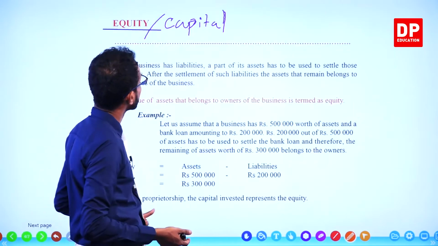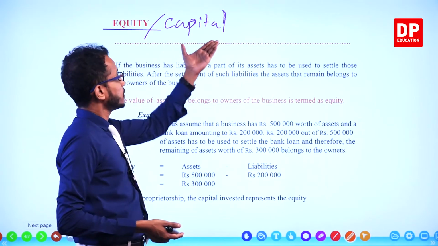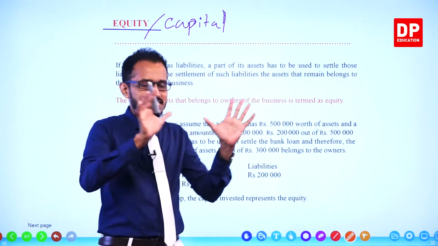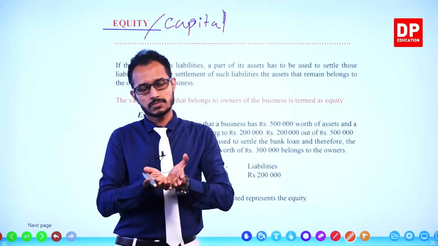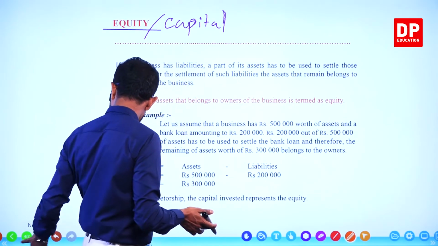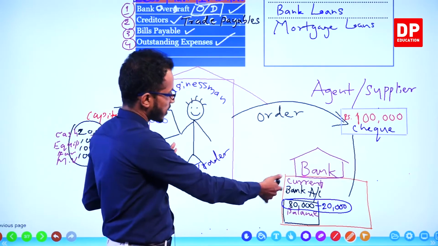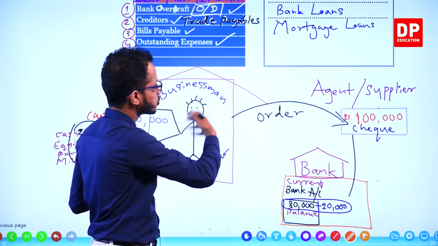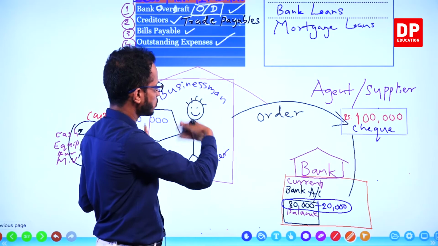So, equity means the capital of the owner. When all the assets are considered, this business has many more assets. See, we have a bank balance of 80,000 and a stock of goods, mobile phones, in the showroom, right?